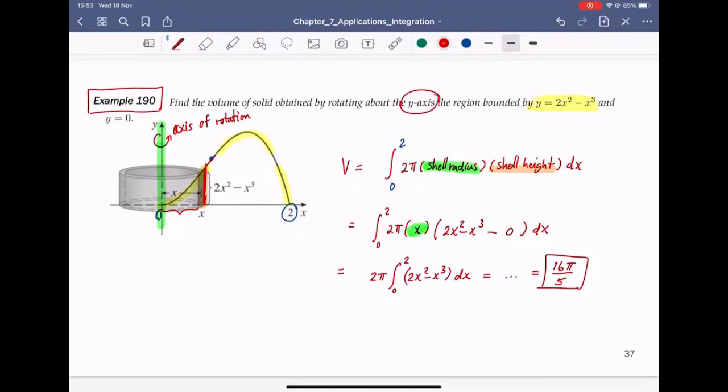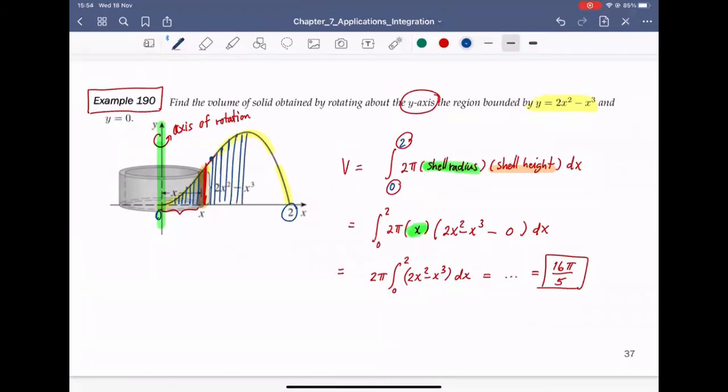One question from Pawin. He asks how can I know that the integral is from 0 to 2? Well, the 0 to 2 comes from the interval that you have to draw the vertical line over, right?